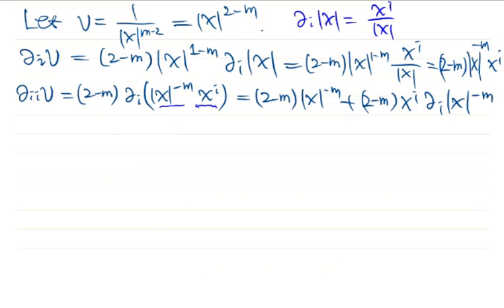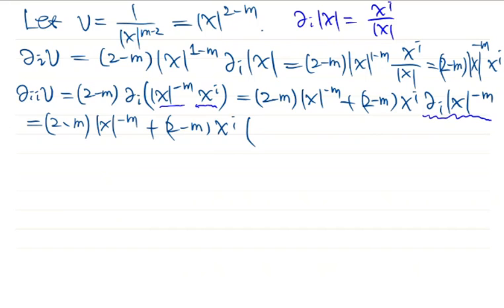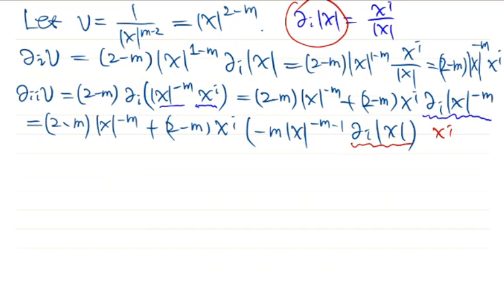Then we expand this further to get 2 minus m norm of x to the minus m plus 2 minus m xi times minus m norm of x to the minus m minus 1, then the partial derivative of the norm of x. Again, we apply the result for the partial derivative of the norm, that is xi over the norm of x.